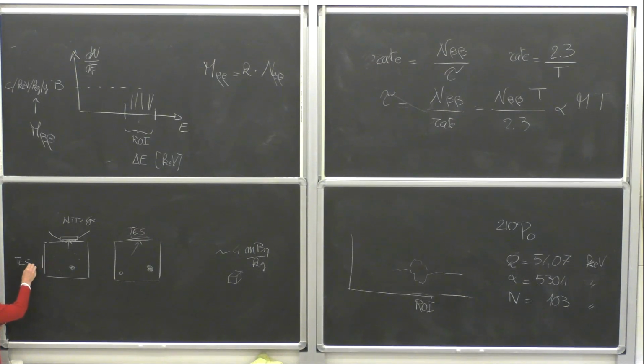And the fast signal is just to see if I have a pile-up. So in that case, I'm able to see the two events separately, and it doesn't matter if I'm able to measure their energy.